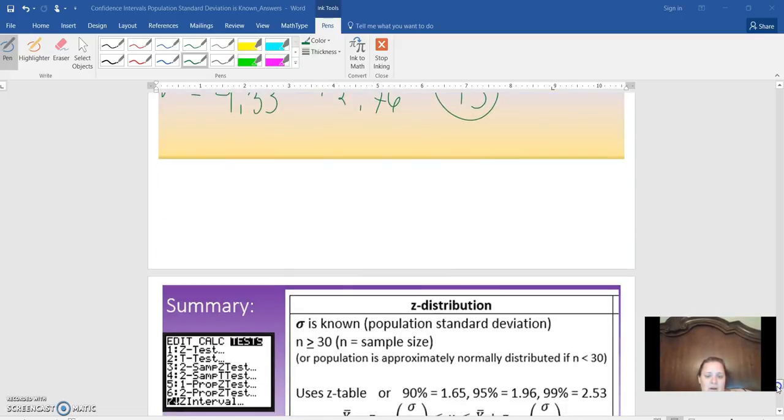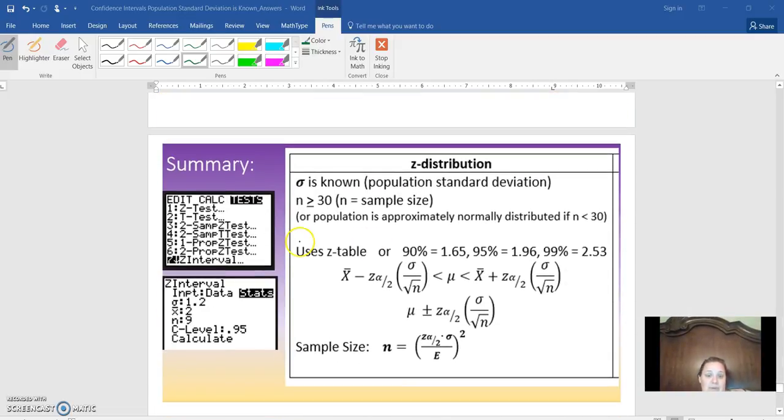Measurements. All right, so just a total summary of our Z distribution: when we use the Z interval, we know the population standard deviation. We use these for our z alpha over 2. And then we have the mean and standard deviation. So the mean doesn't change here.